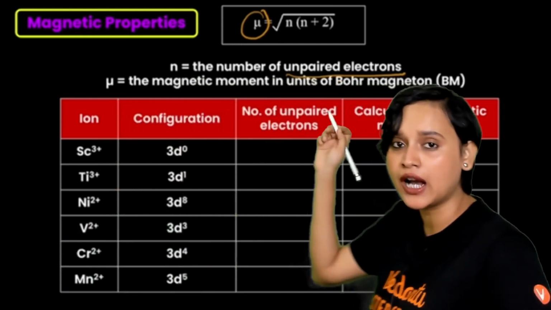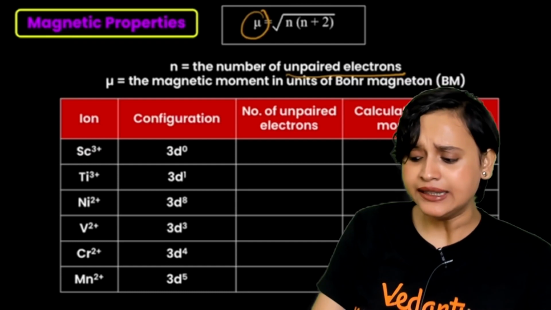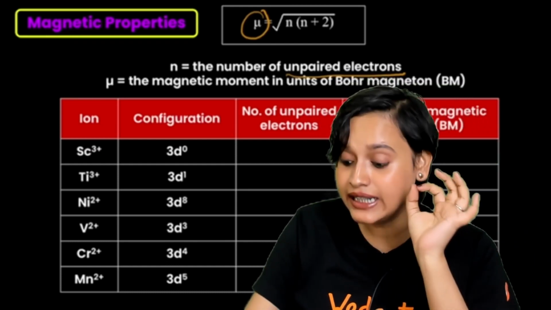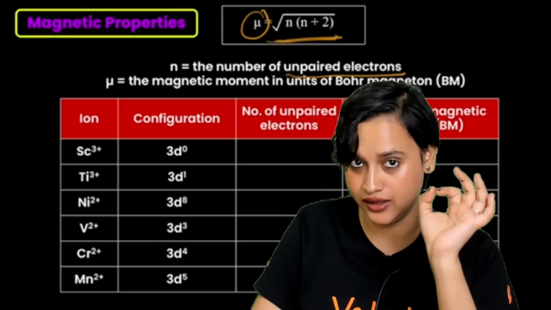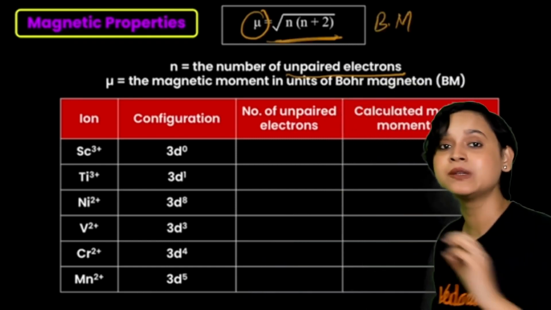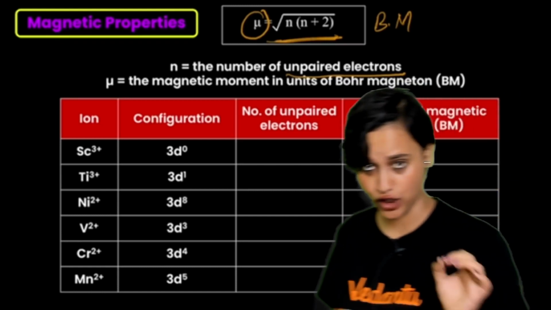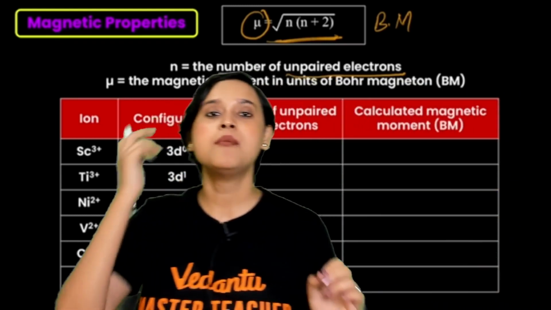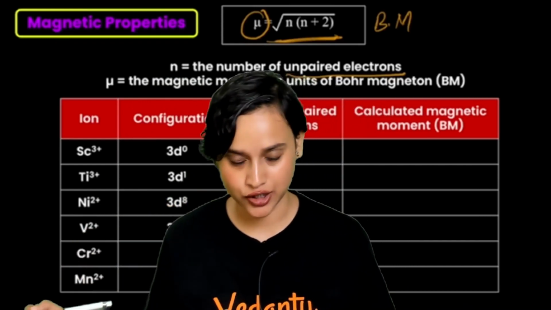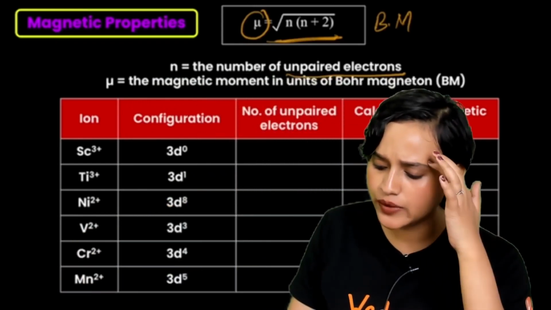Once you get the result, the unit of that is BM, which means Bohr magneton. So mu is calculated in terms of Bohr magneton.